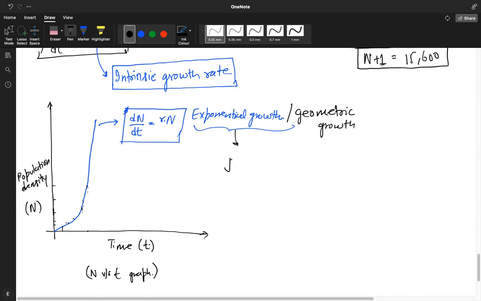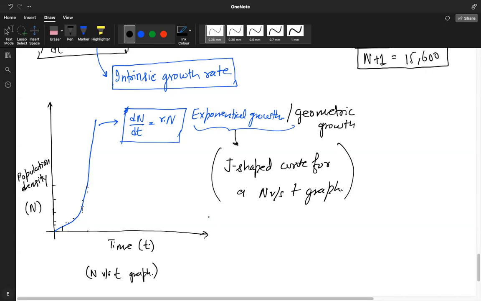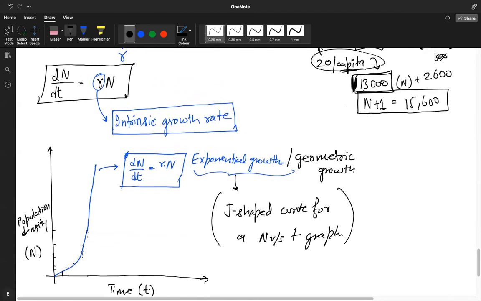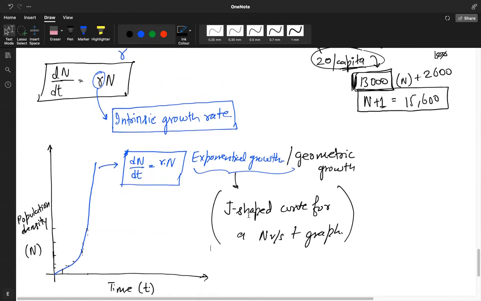So it gives a J-shaped curve for an N versus t graph. Draw this and write in the chat when you're done.